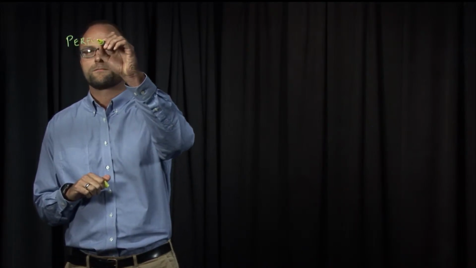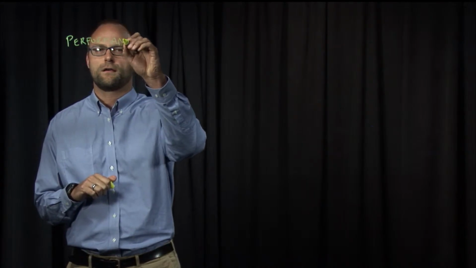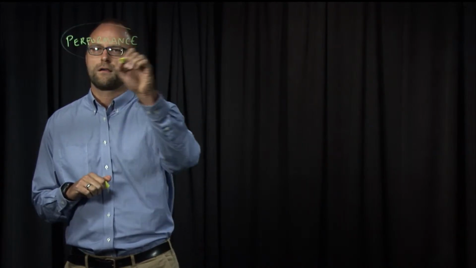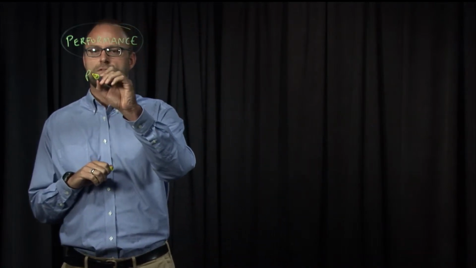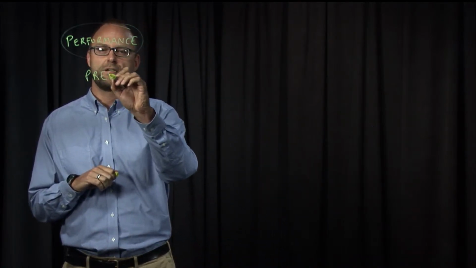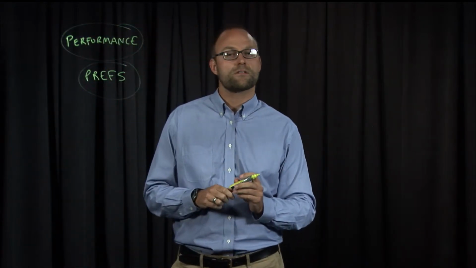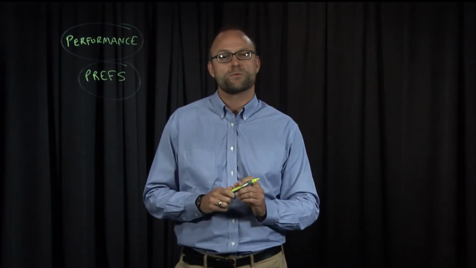We might want to know differences in human performance. How do humans interact with your design? How fast are they? How many errors do they make? How do they feel about the design? Those might be captured in preferences. Performance and preferences cover a great deal of the kinds of things we'll be looking at in this course.